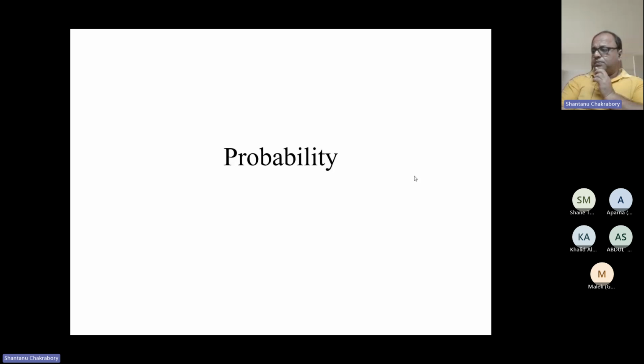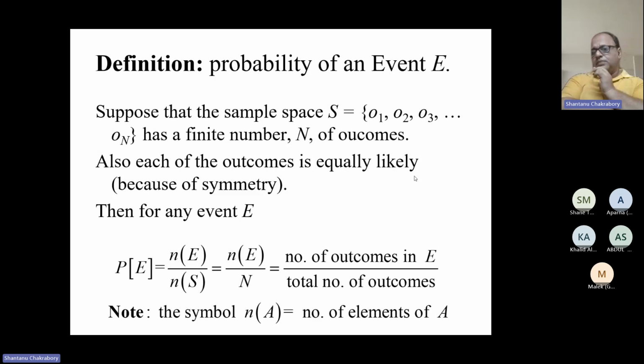Now we come to a very important topic, that is probability, because we need to know probability, and for that, these are the basic concepts that you should know, right? So what is the probability of an event taking place? For knowing the probability of an event, we should know the sample space and the event space.